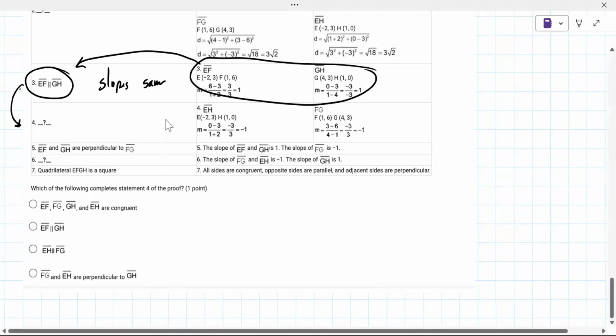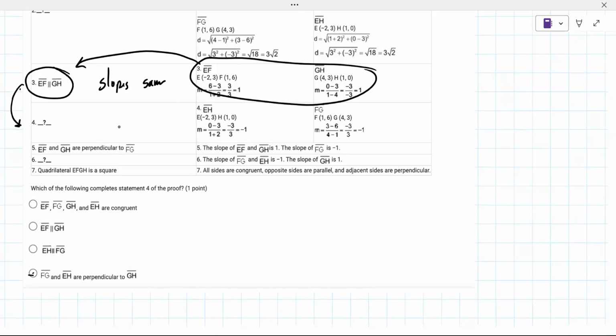What do you think here? Or is there any ones you can rule out? You can probably rule out FG and EH are perpendicular.